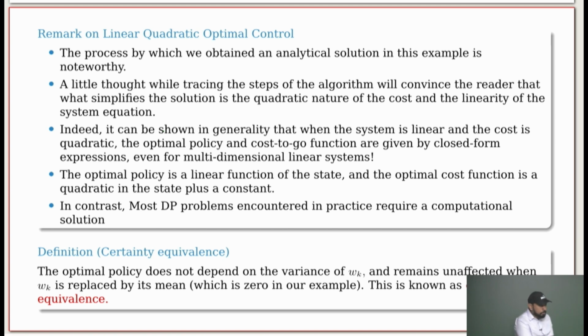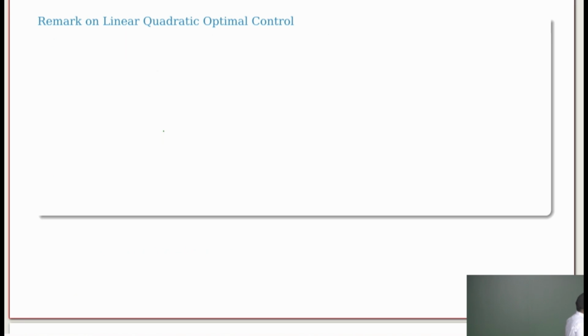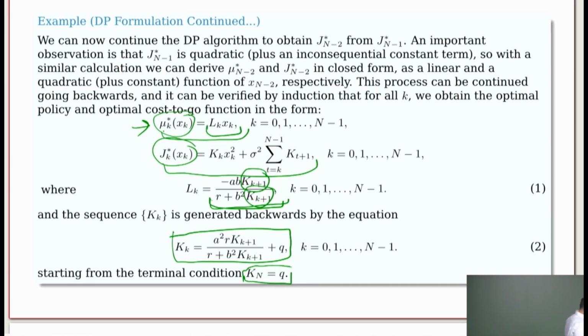In this example, we also saw the effect of disturbance. The effect of disturbance was not explicitly found in the L policy, and K is independent of the disturbance.